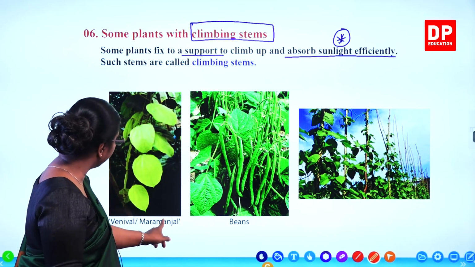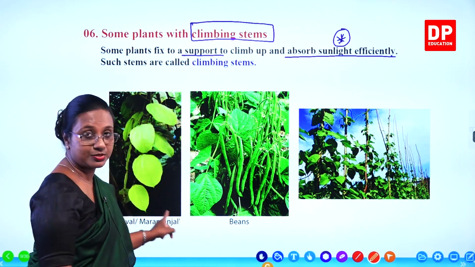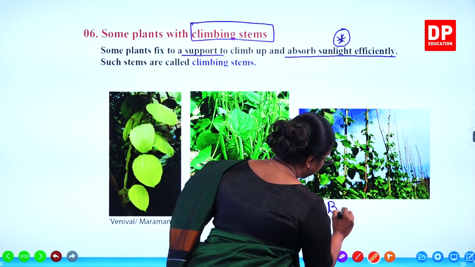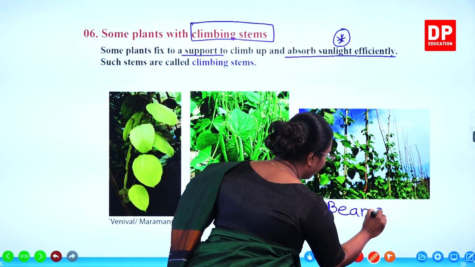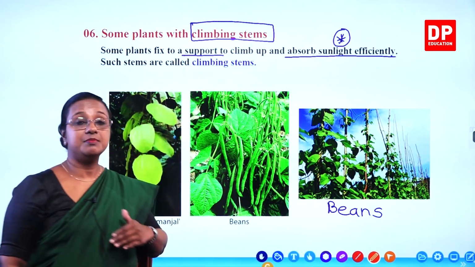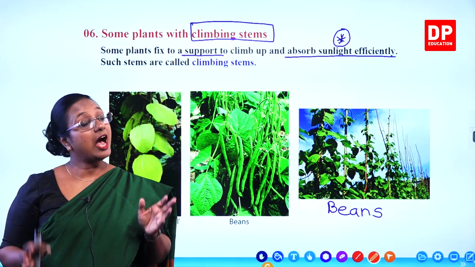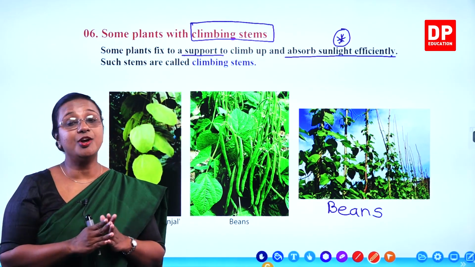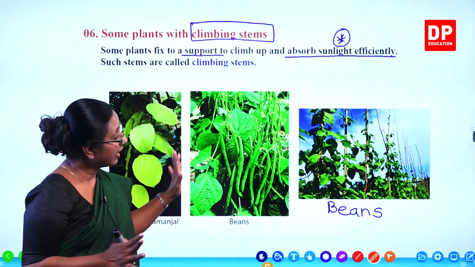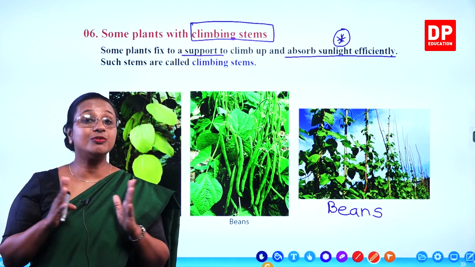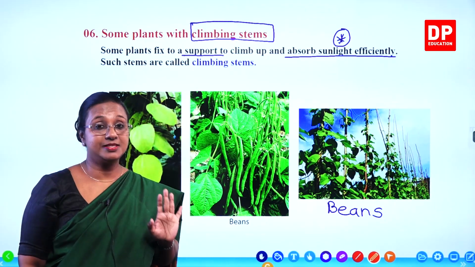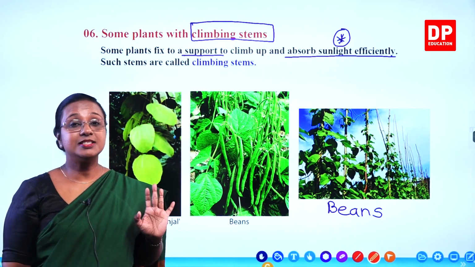Examples, Venivel or Maramanjal, that is this one, and beans. This is also beans. Now this I put to show you all how these climbing stems grow around a support. I am sure you have seen this, but just to recall your memory. When you look at the picture, it's easy for you all to remember these examples. So the climbing stems. Now can you all understand?